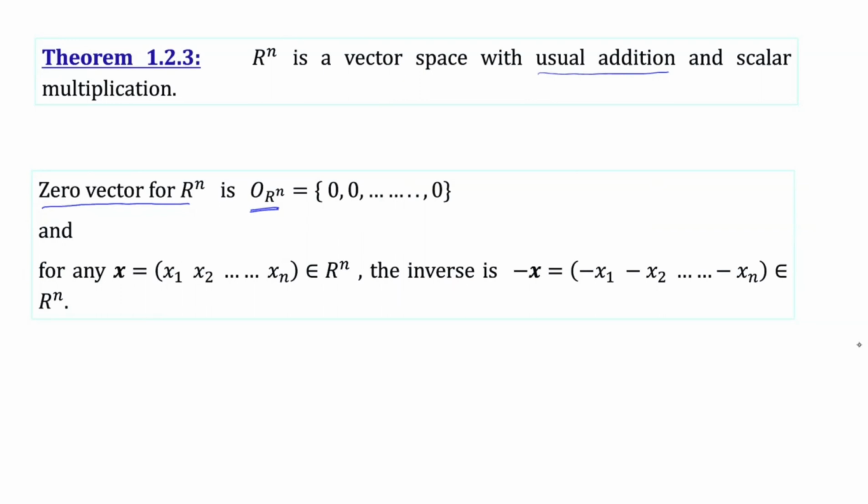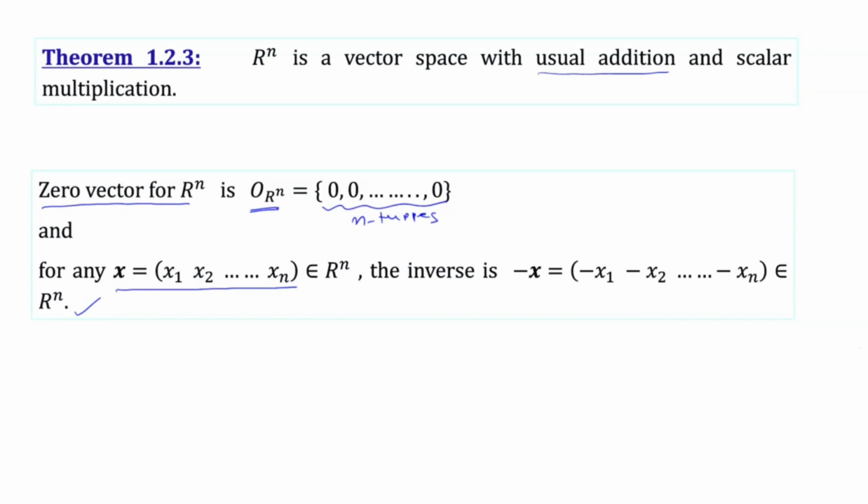Okay, so now the question is, if it is a vector space, then what is the zero of Rn? The zero of Rn is given as 0 of Rn, which equals (0, 0, up to 0), that means n entries of 0. And the inverse of an element: for any x belonging to Rn, the inverse will be the negative of that vector.